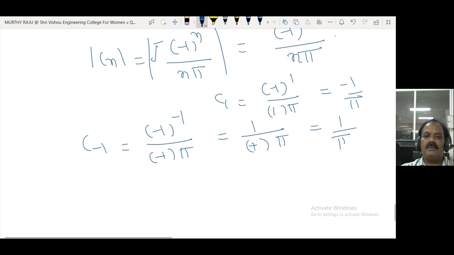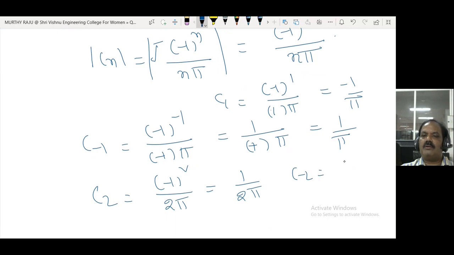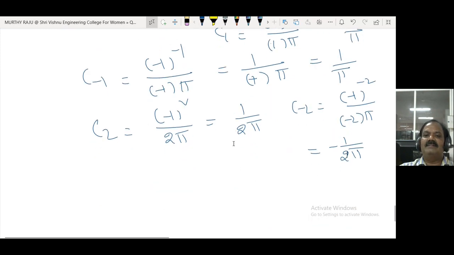C2 is equal to minus 1 whole power square by 2 pi, that is 1 by 2 pi. C minus 2 is equal to minus 1 whole power minus 2 by minus 2 into pi, minus 1 by 2 pi, like that.